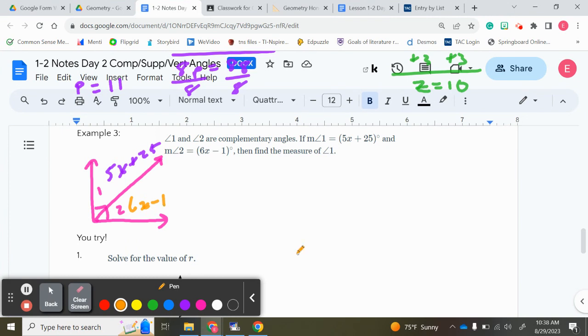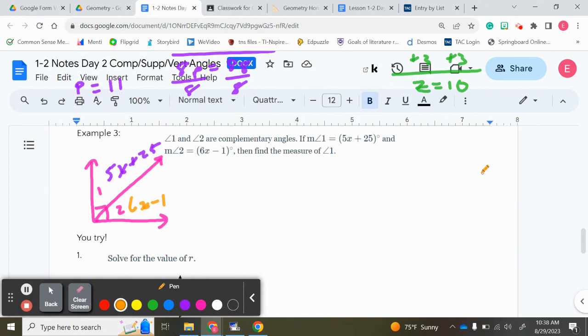All right. So what do I know about these two angles and what are we going to do with them? So if they're complementary, the total has to be what? Total has to be equal to how many degrees? Good. 90. So that means I'm going to add these up and set them equal to 90 degrees.